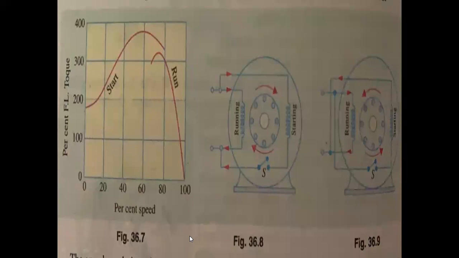If you see figure 36.8, I am giving names to the figures also so that we can find them easily. The direction of rotation of these motors can be reversed by reversing the connections of one of the two stator windings, but not both. This is the starting winding, this is the running winding, the switch, and this is the rotor.